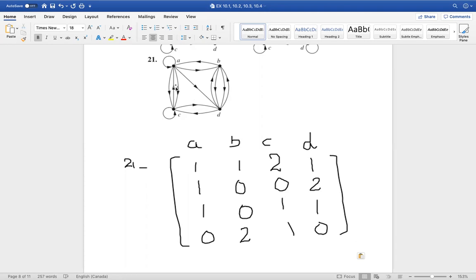For C, we see that there are two edges going from A to C, therefore the adjacency matrix will have 2 at this place. There is also D here, and we have an edge from A to D, so we put 1 here.